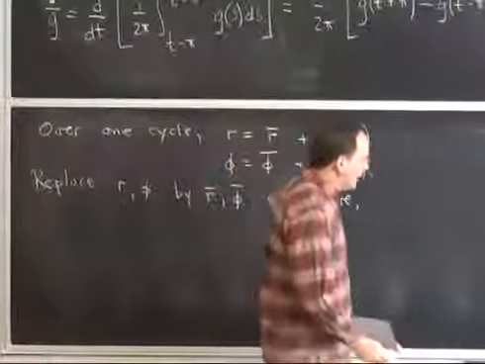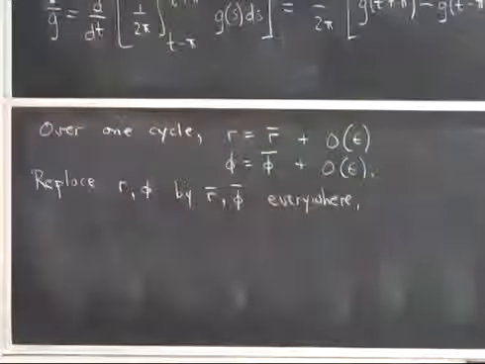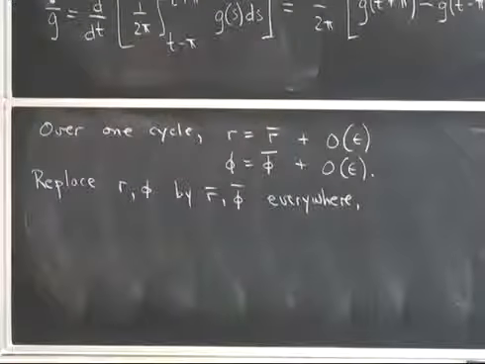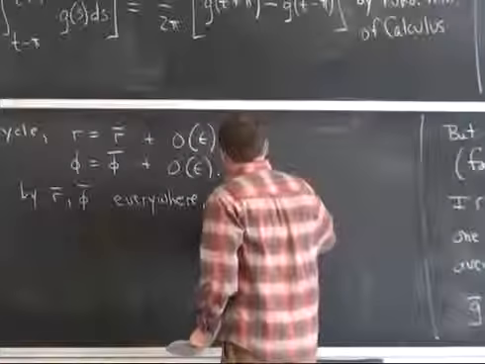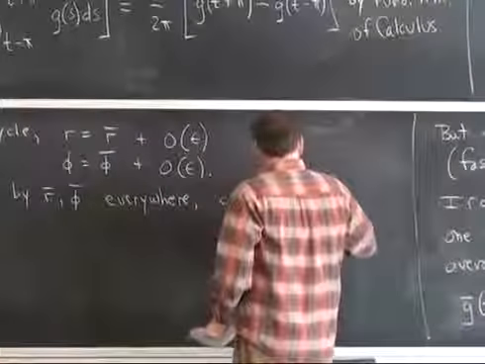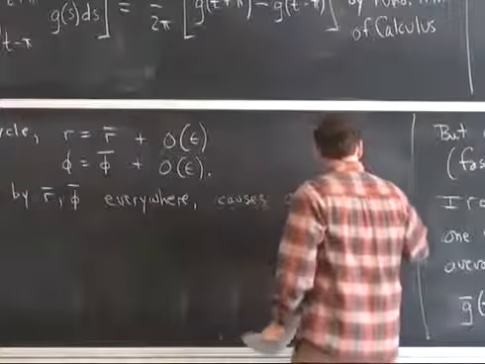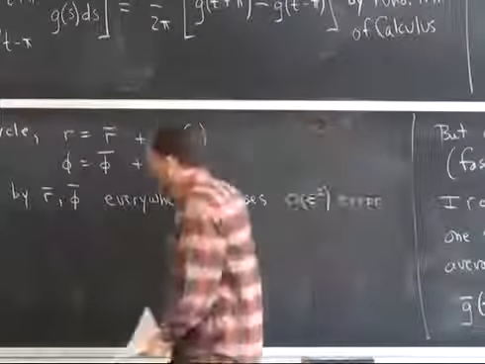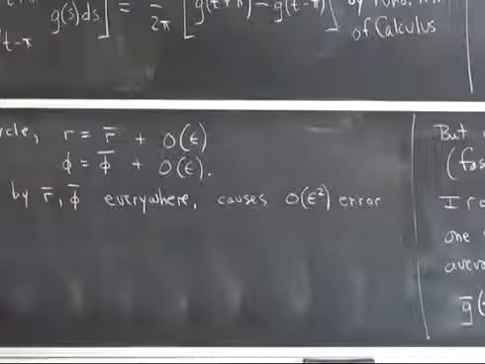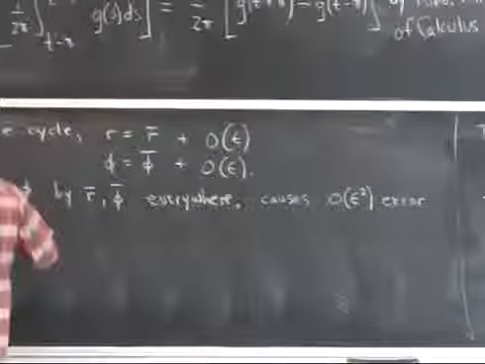Now let's keep track. What kind of error will that introduce? Notice that there are these epsilons in the equation. So when we introduce an error of order epsilon into the R and phi, that order epsilon error will end up multiplying this epsilon, and we'll end up getting an order epsilon squared error in the differential equations, in the ODEs.